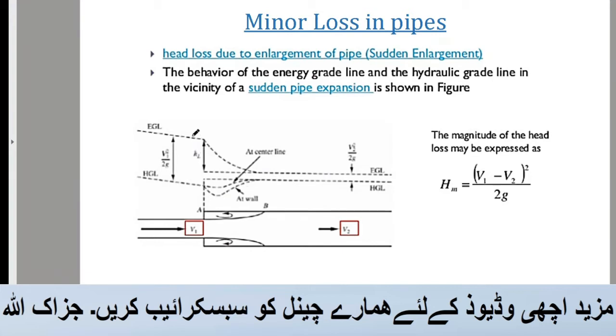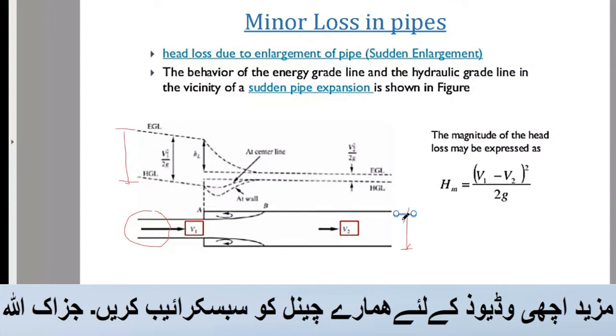So that's why in this section where the diameter was small, there was a high velocity head, a high velocity head difference between hydraulic gradient and energy gradient at the upstream side. Similarly, when we observe at the downstream side, when diameter is increasing, it means velocity is reducing.